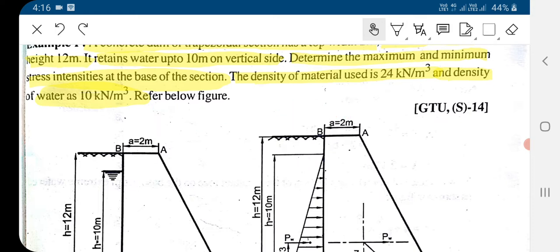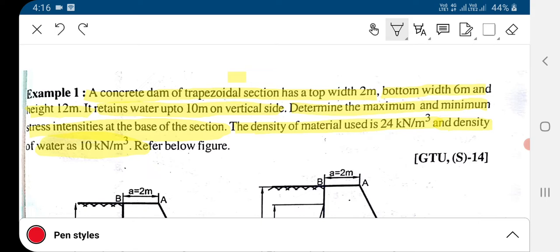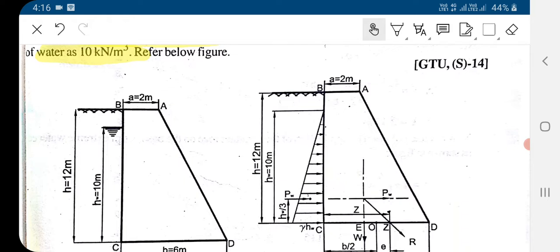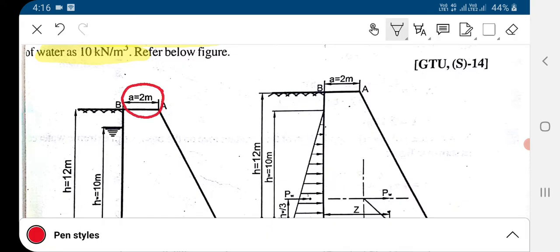So to solve this example, we have to first make the figure based on this given data. Here in this example, the top width given to us is 2 meter, so the top width of the dam is 2 meter.